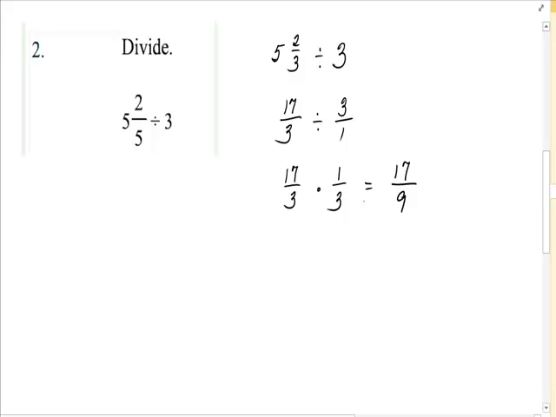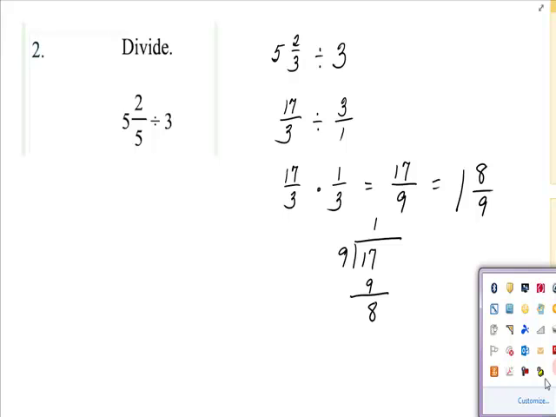Well, let's see if I did something different. All right, 9 is going to go into 17. It's going to go 1 time. And that gives me 9, and subtract for 8. This is 1 and 8/9.